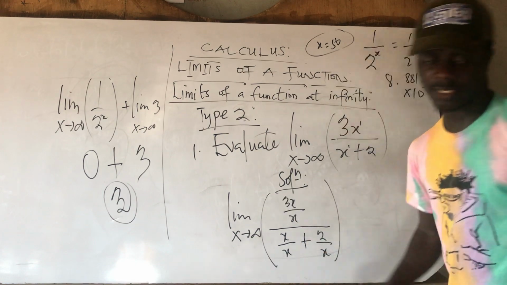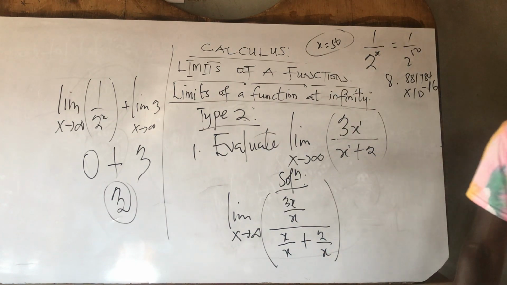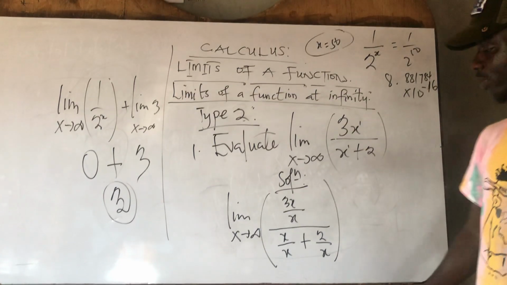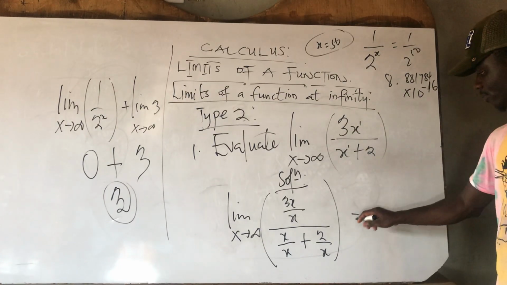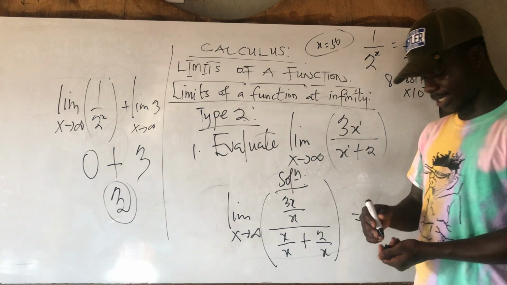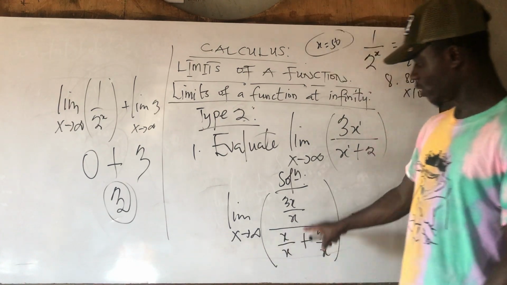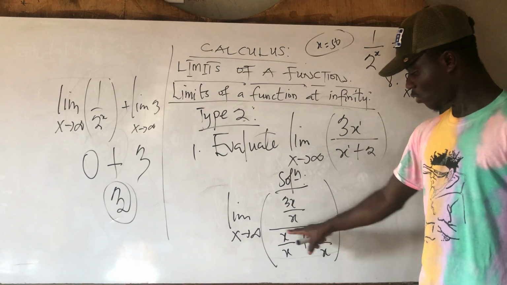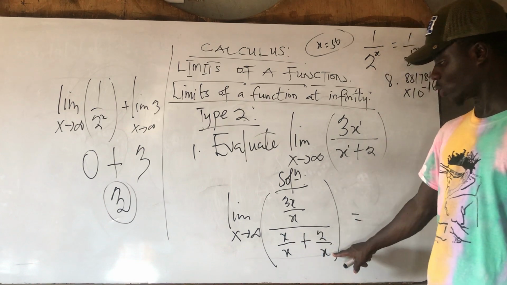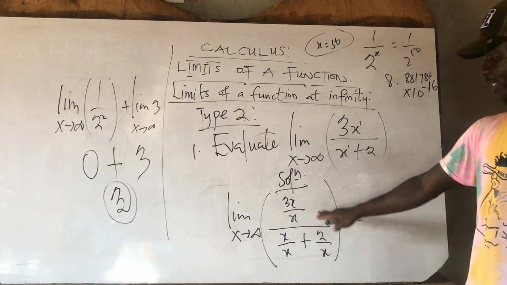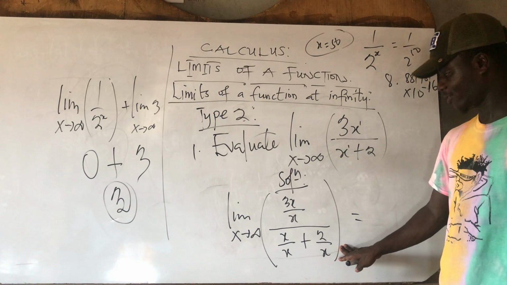So we have the limit as x approaches infinity of 3x over x, all over x over x plus 2 over x. That's the meaning of what I read here.